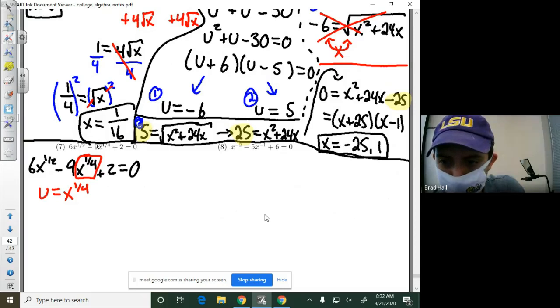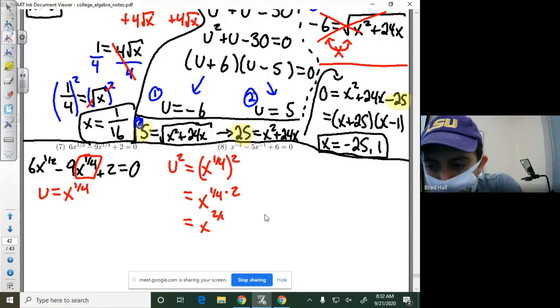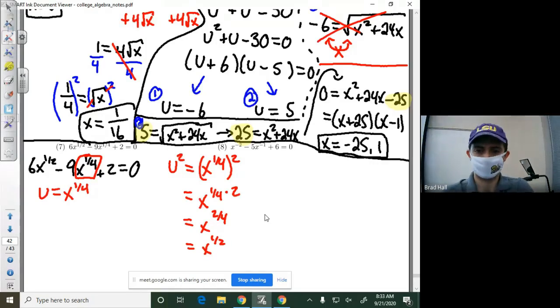And for those of you interested, that's why this extends so nicely. By squaring both sides, we get x to the 1/2, which is the variable expression at the very beginning.